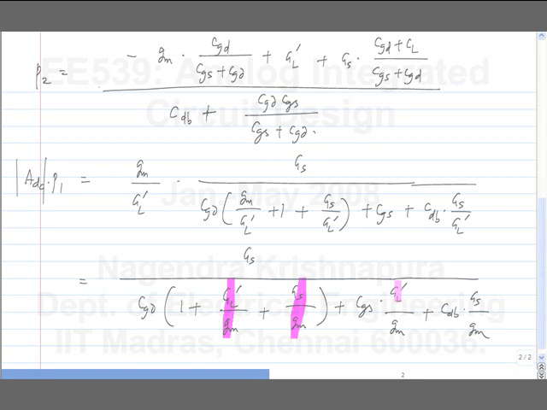So this also goes away. And GS by GM times CDB also goes away in comparison to CDB. So if CGD, CGS and CDB are of the same order, then only this term remains. Is this part clear? If all three capacitances are of the same order, these two are multiplied by some numbers significantly smaller than 1. Is that okay?